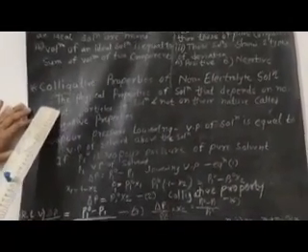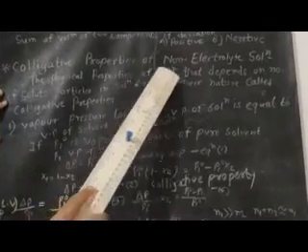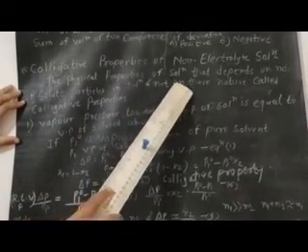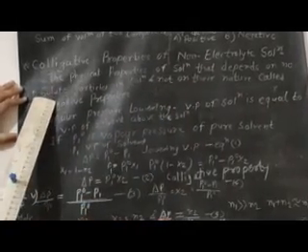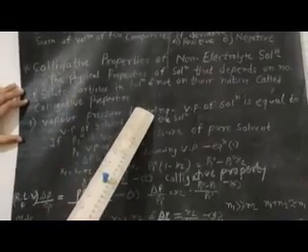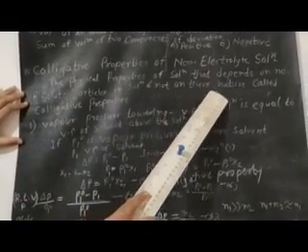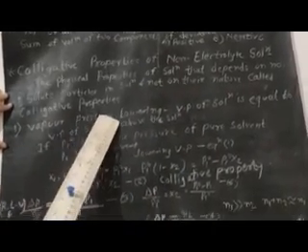The next point is the colligative properties of non-electrolyte solutions. The physical properties of a solution that depend on the number of solute particles in the solution and not on their nature are called colligative properties. First point is vapor pressure lowering.